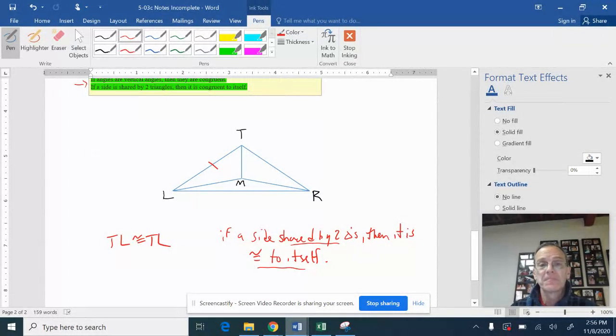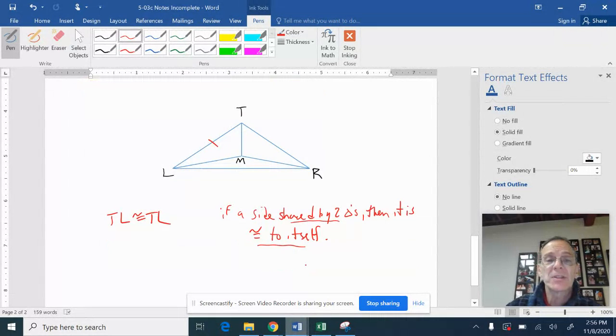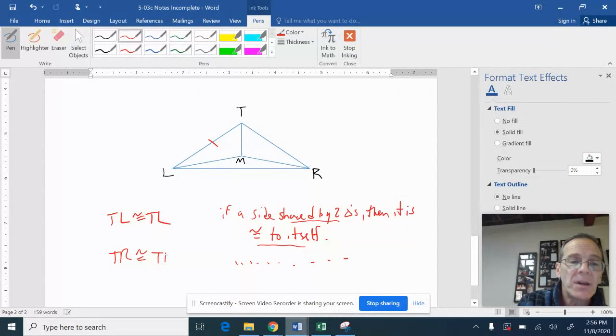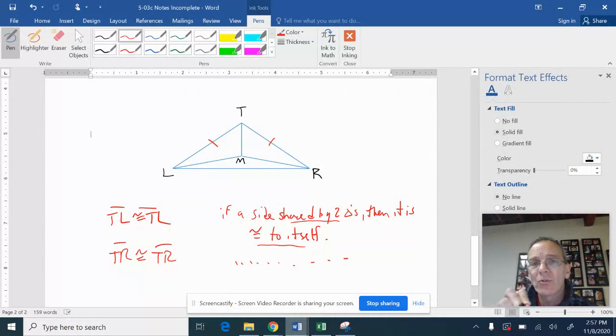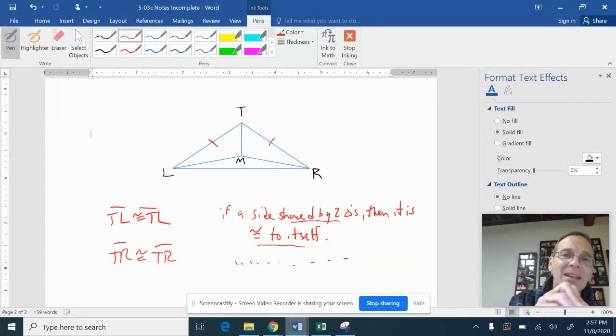And then they'll use the same reason to say that TR is congruent to TR. And then here's what they'll do. They'll compound their confusion by using the same single tick mark to mark TR congruent to itself as they used to mark TL congruent to itself.